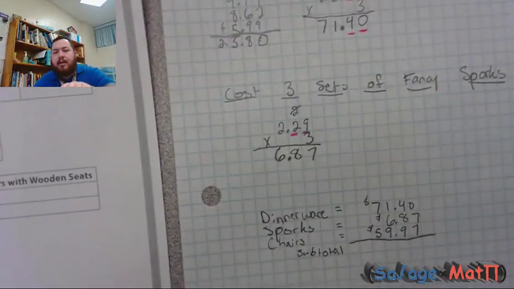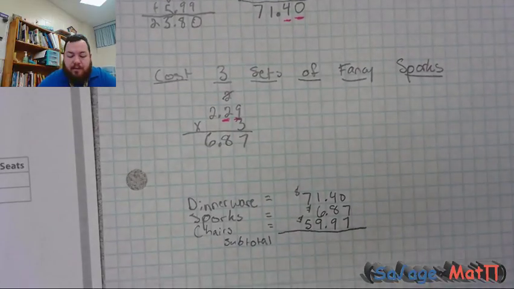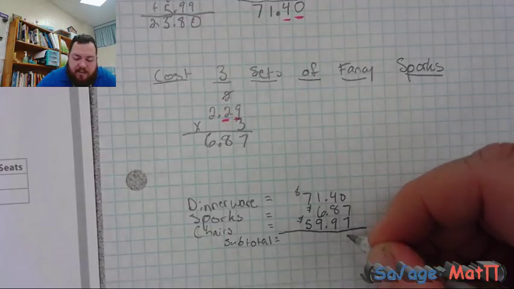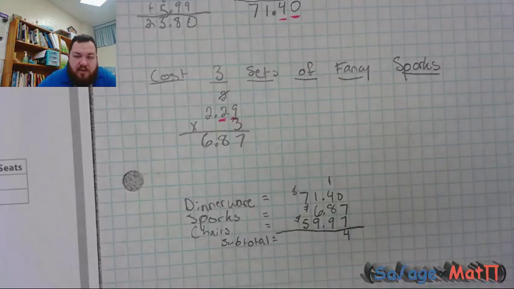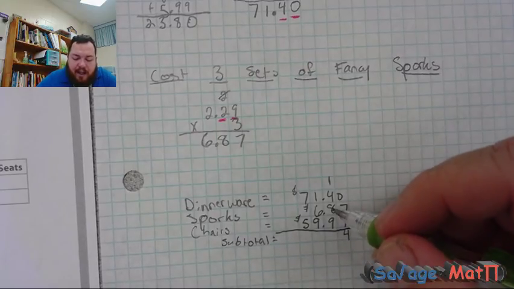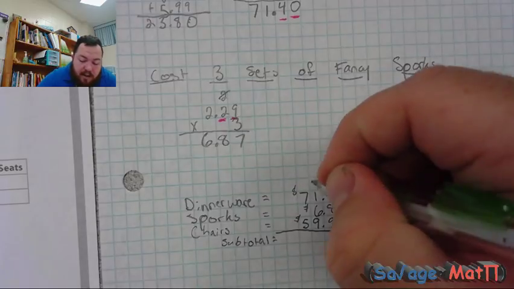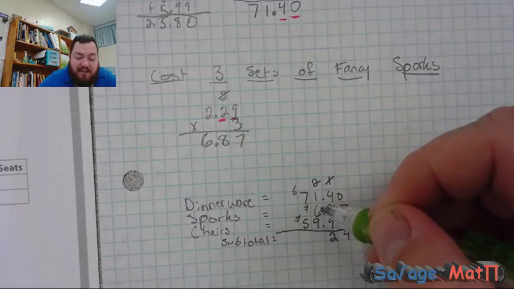Okay, let me zoom in. I hope you guys can see this pretty well. I'm going to add all that up for a subtotal. 0 plus 7 plus 7 is 14. Carry the 1. 1 plus 4 is 5. Plus 8 is 13. Plus 9 is 22. Carry the 2. Cross out the 1. 2 plus 1 is 3. Plus 6 is 9.